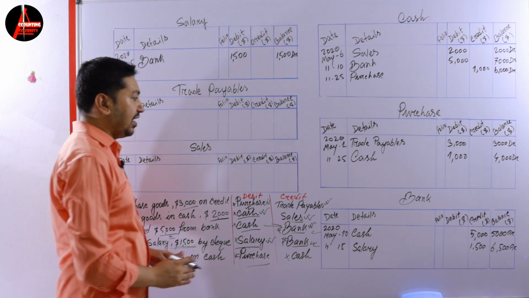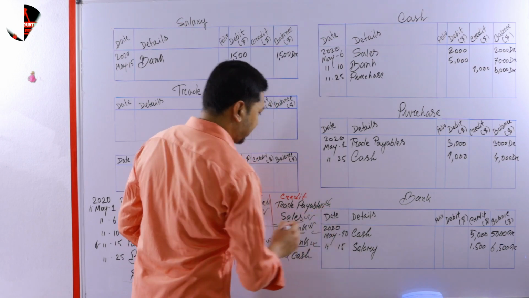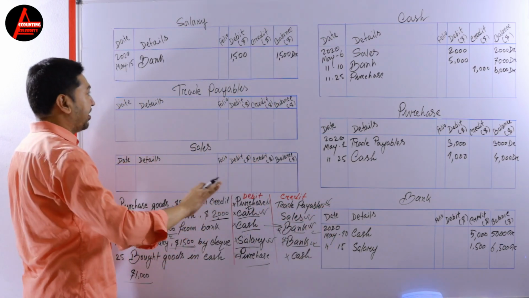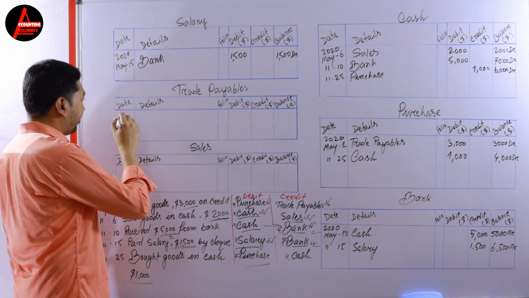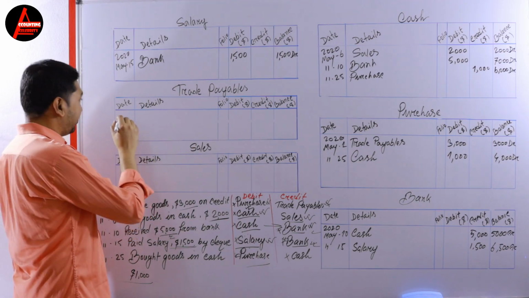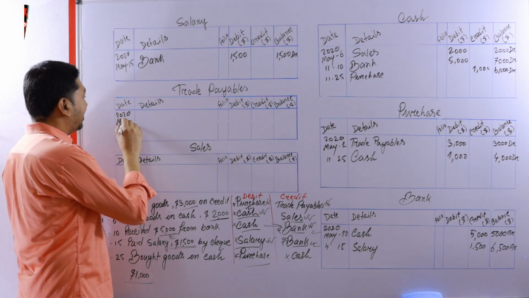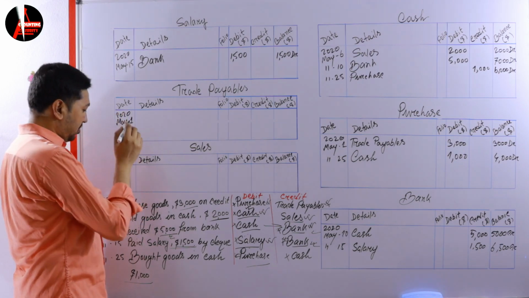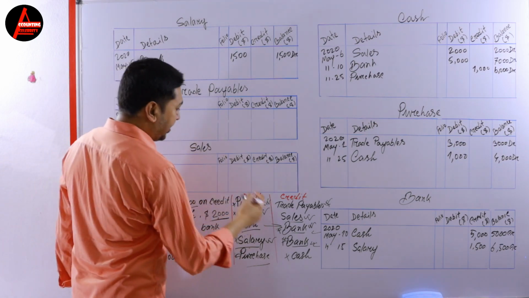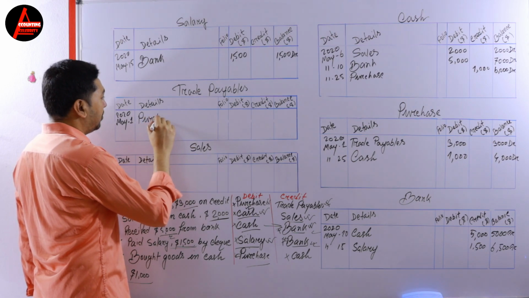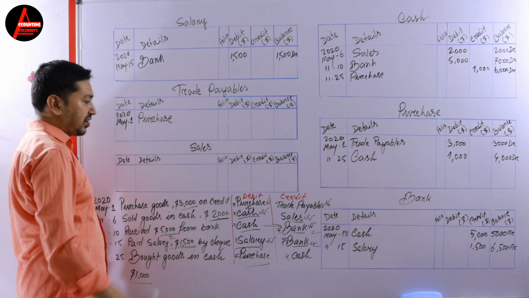Okay, what is next? Trade payable. Yes, trade payable is here. Trade payable is credit side, so it is credited. We need to write on the credit side. What is the date? Date is May 1st, 2020. Write the date here, May 1. What to write? The opposite account is purchase.